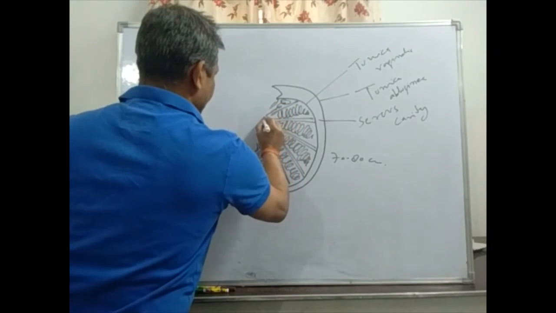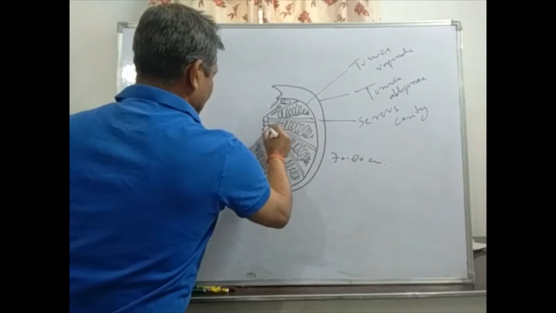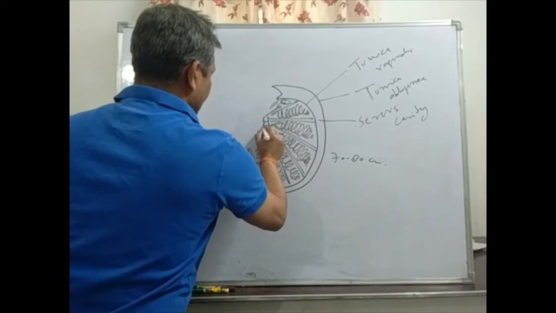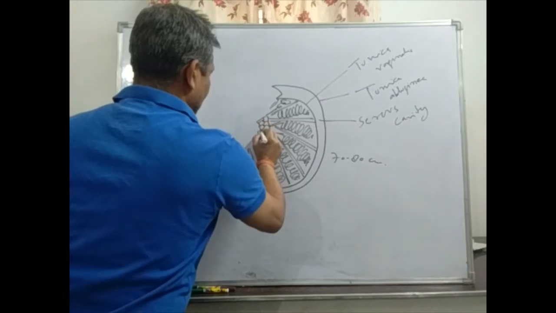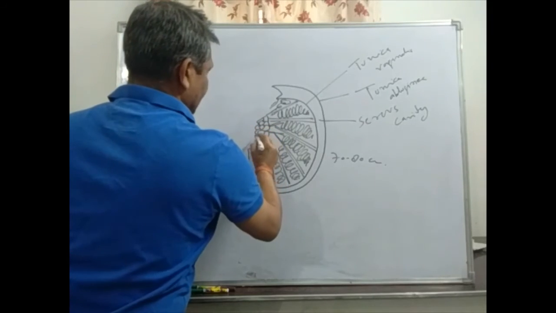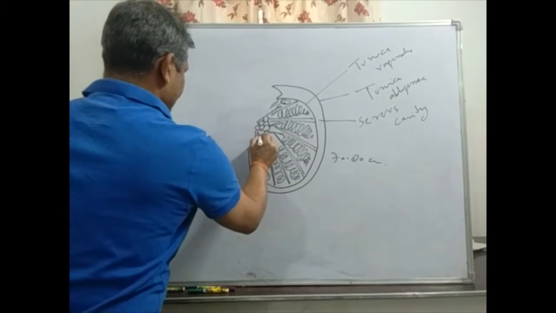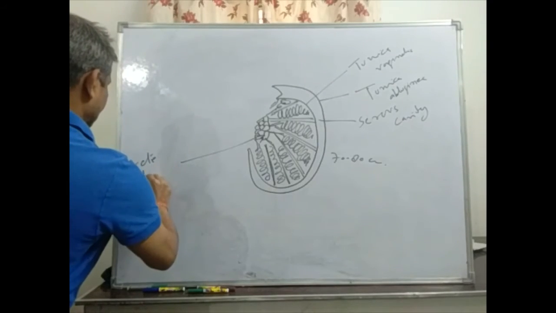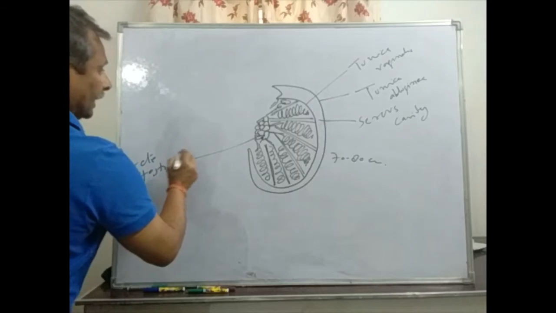This net-like structure is formed by the opening of the seminiferous tubules. This is the rete testis. These are the structures, rete testis.